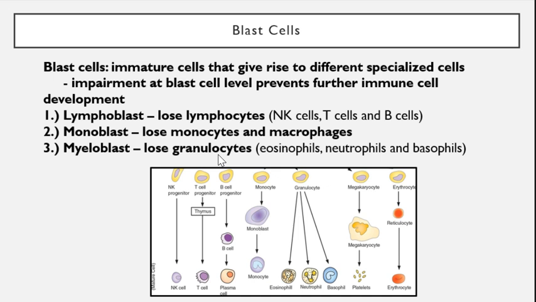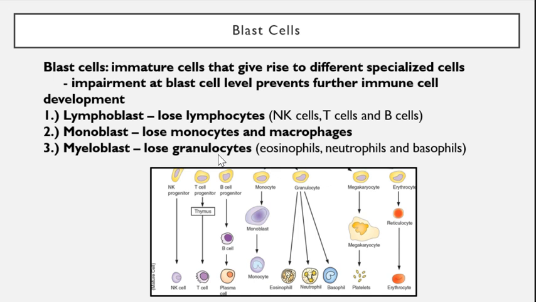And so if you have a loss of these cell types, it also affects whatever is downstream, which makes a lot of sense, right? If you have a problem with your lymphoblast, everything downstream of your lymphoblasts is going to be affected, right?